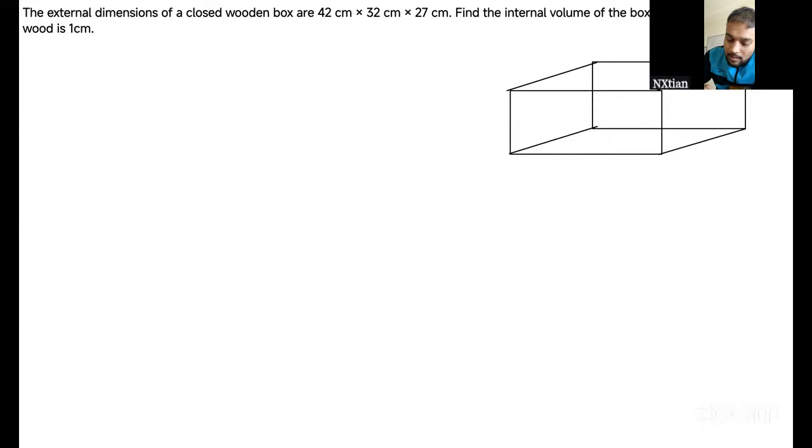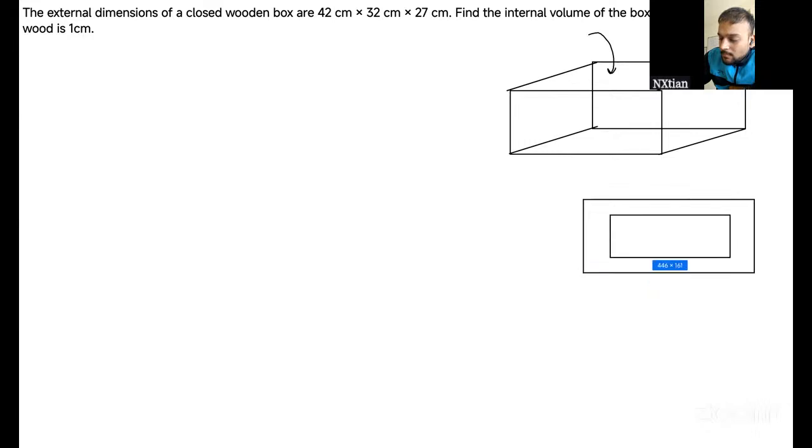Okay, and if you see this face from upside, it's going to look like this. Like this is 1 centimeter, and this is also 1 centimeter. Okay, thickness. Okay, Abigail.